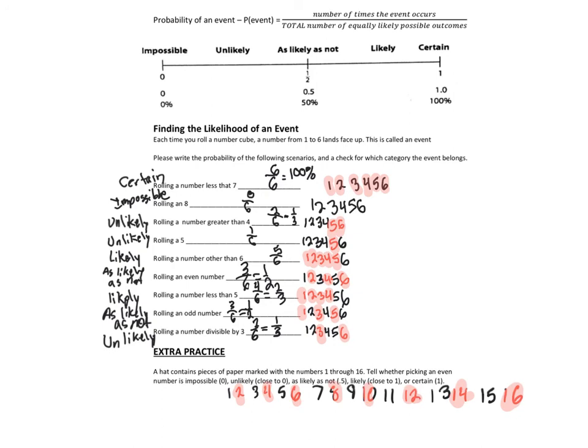So 8 times that it was an even number out of how many total options? 1 through 16, which can reduce down to 1/2. So 1/2 we saw in our number line means as likely as not.